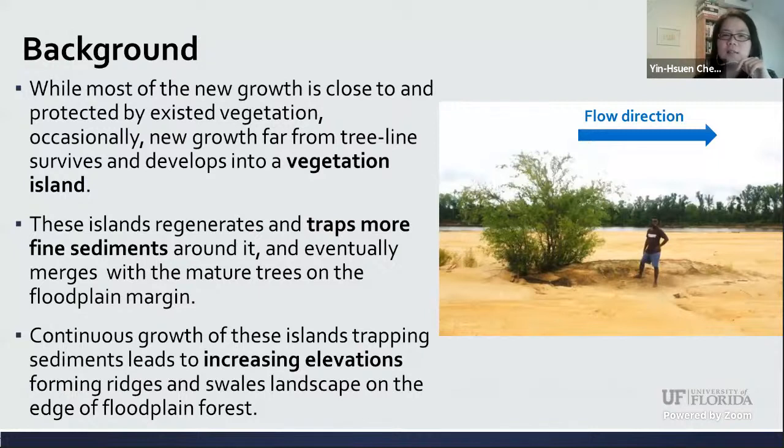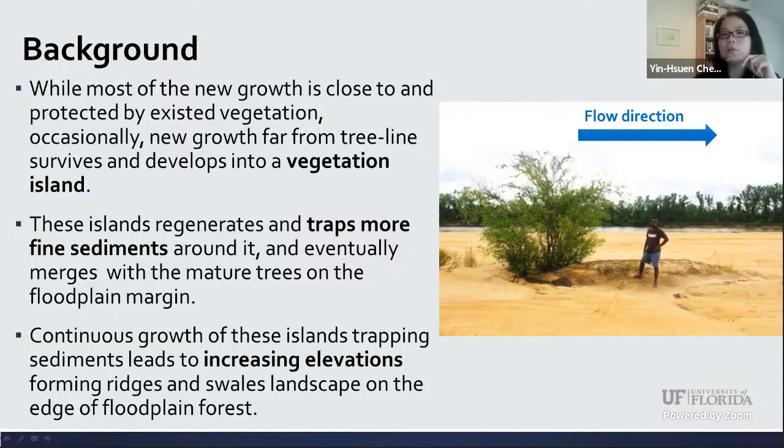So this is quite interesting, following the previous presentation I just talked about. The closer to the previous vegetation tree lines, the easier it is to recover. But occasionally there's some small new growth which is far away from the current tree lines. They occasionally establish on the point bar surface, and then they survive.